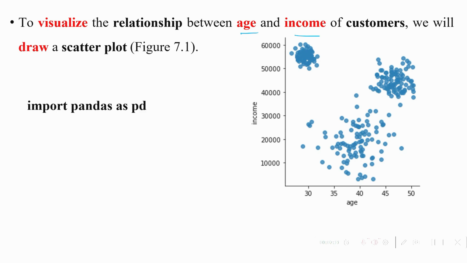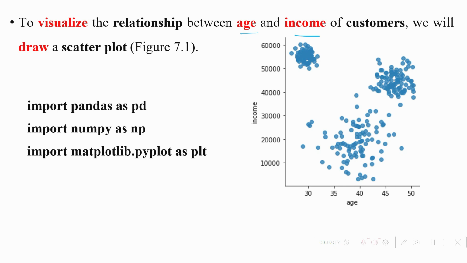In order to draw the scatter plot, first of all you have to import pandas as pd, import numpy as np, import matplotlib.pyplot as plt, and import seaborn as sns, and %matplotlib inline.